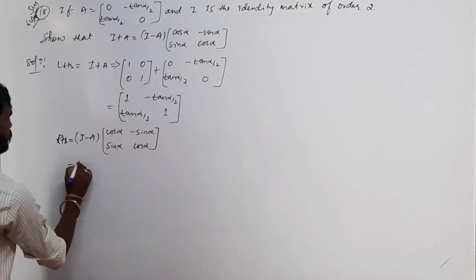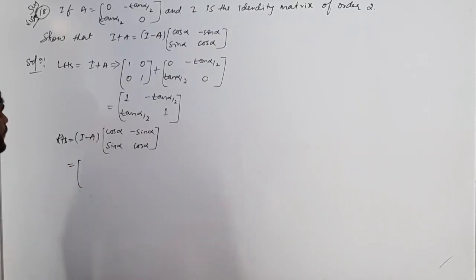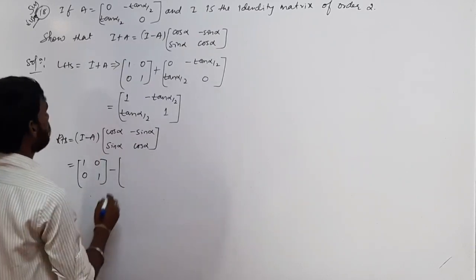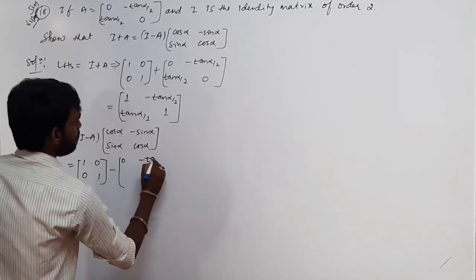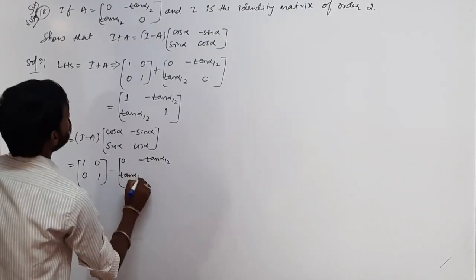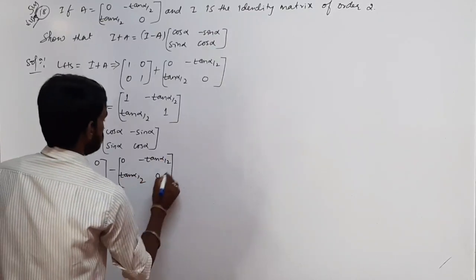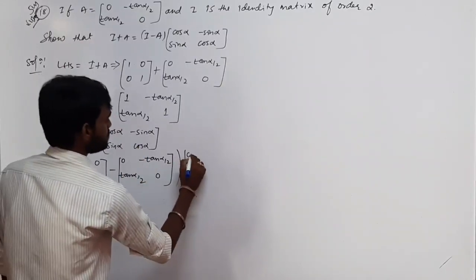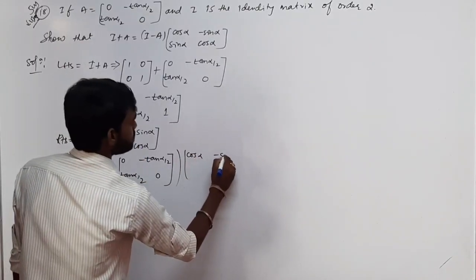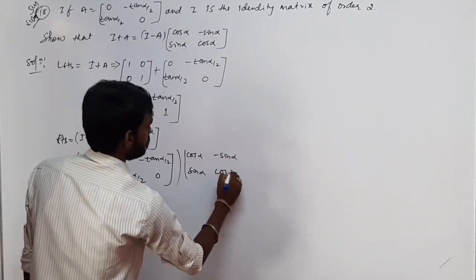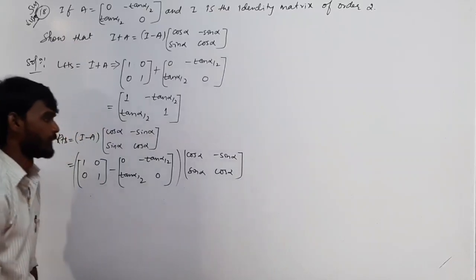So this is the same thing: I is an identity matrix, minus A, which is the given matrix [0, minus tan alpha by 2; tan alpha by 2, 0]. Then this other matrix is [cos alpha, minus sin alpha; sin alpha, cos alpha].